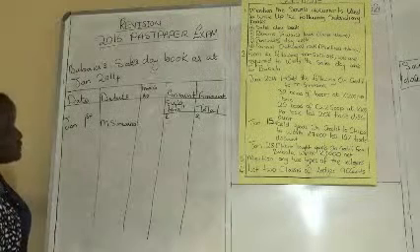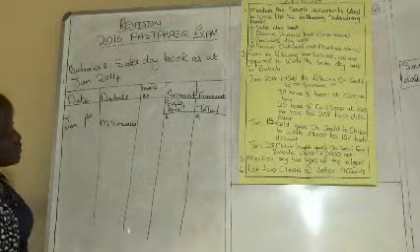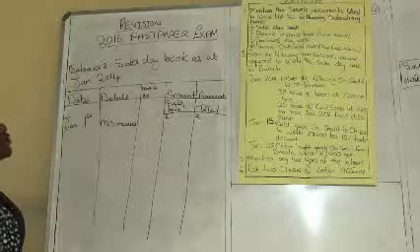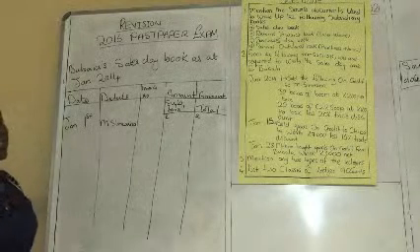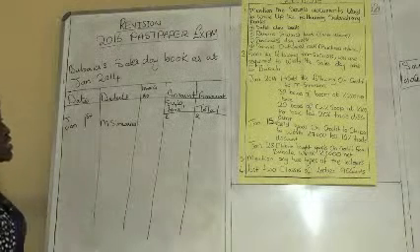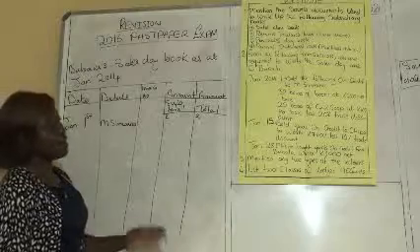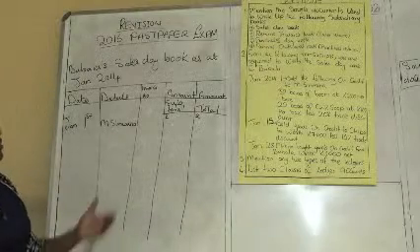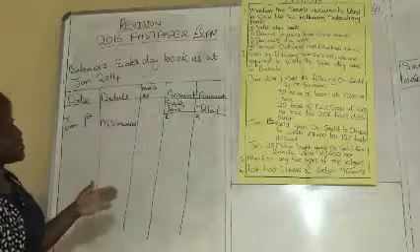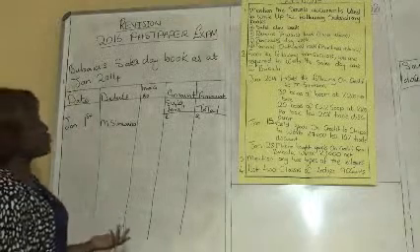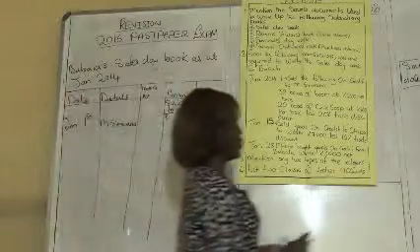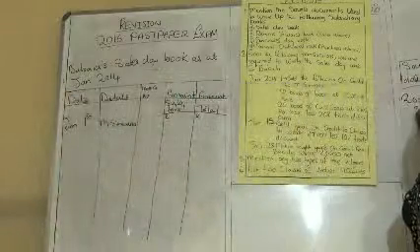So Simwaba bought 30 boxes of Boom at 200 kwacha per box. So each box was costing 200 kwacha. For us to know the total amount that was sold, we have to calculate 200 by 30 boxes. We're just going to do multiplication.